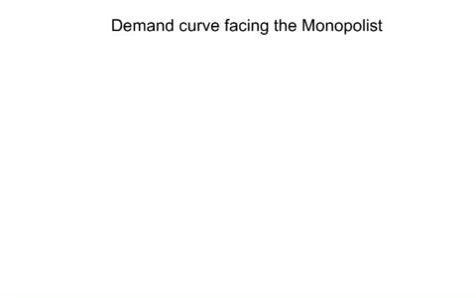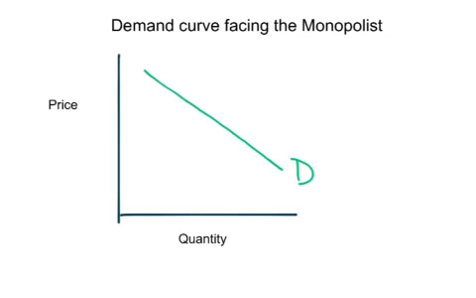So what we're going to start with is drawing the demand curve that a monopolist uses, and it is going to look like the regular demand curve that we know so well. The demand curve that the monopolist uses is exactly what we've seen before when we studied supply and demand.